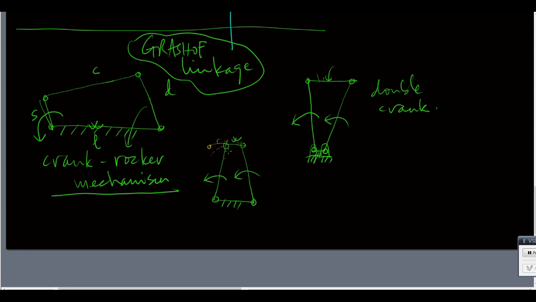There will be positions like this, for example. And there are intermediate positions where this one is vertical down, this one is up here somewhere. We should see some animations of it to make it clearer for you, but basically both of these will just be rocking. That little coupler is the one that will be going round and round. So that will be called a double rocker arrangement.